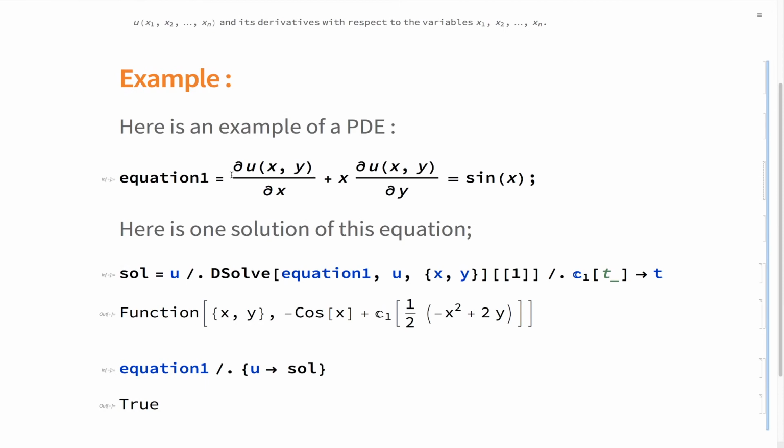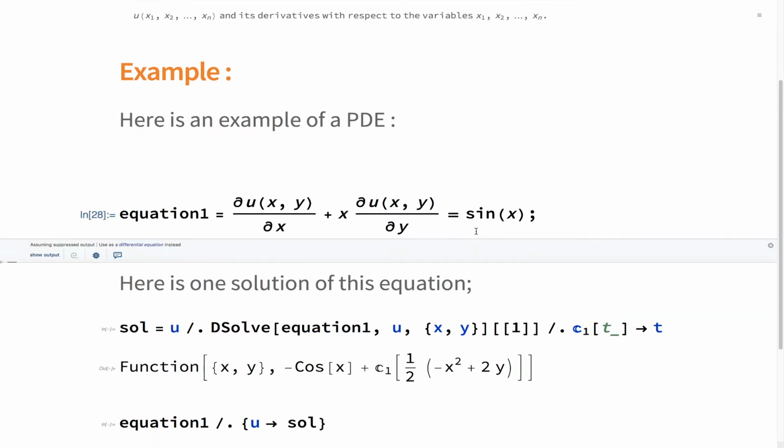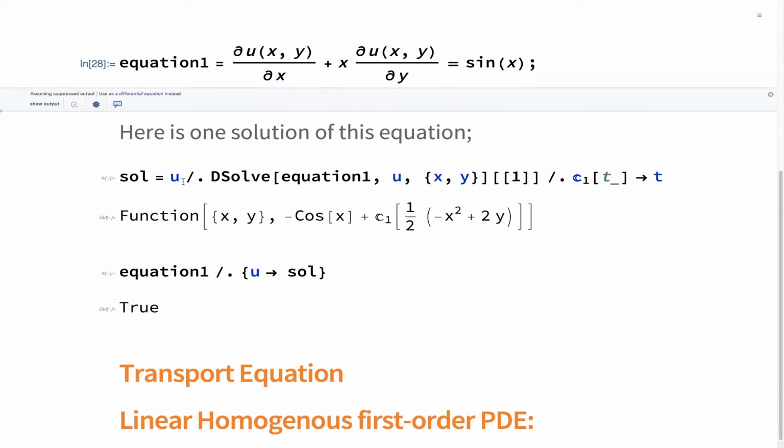Here is a PDE, a partial differential equation. You can see in Mathematica, we can directly enter it using escape, PD, escape, and Wolfram Language understands that it stands for partial differential equation. So you can directly enter your equation in this format, and then you can see the solution by using the same DSolve function.